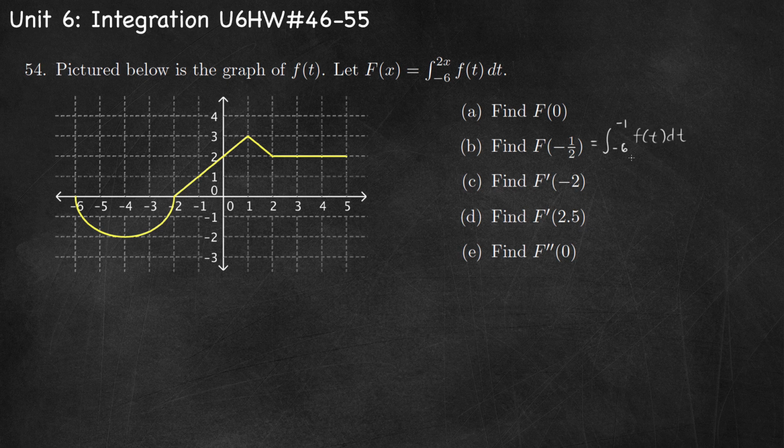So this is the area between -6 and -1. So we already said from -6 to -2, that area is -2 pi. And now we need to go from -2 to -1. Well, that's half of a 1 by 1 rectangle, so the area here is 1/2. And it's positive since that area is above the x-axis. So this will be 1/2 minus 2 pi.